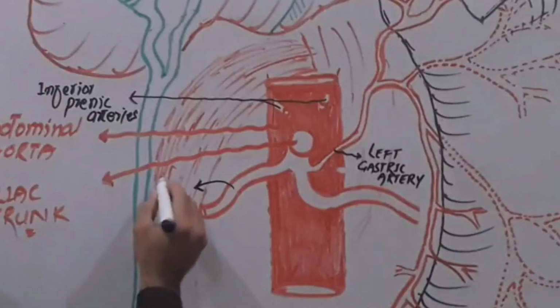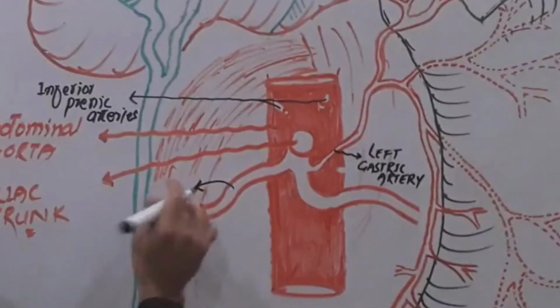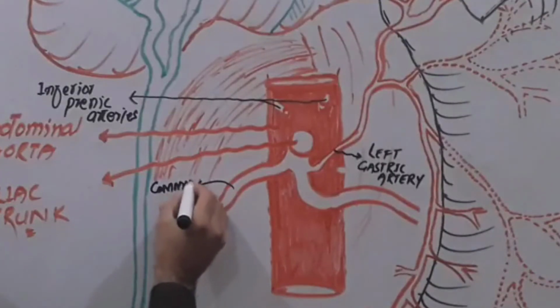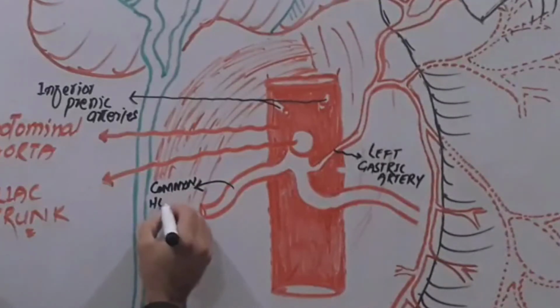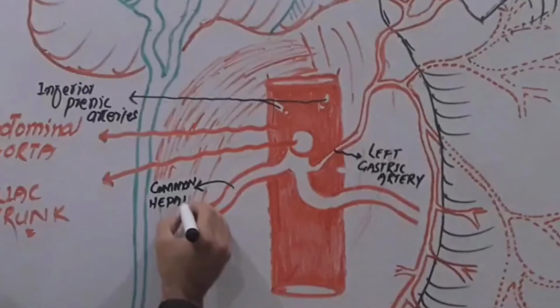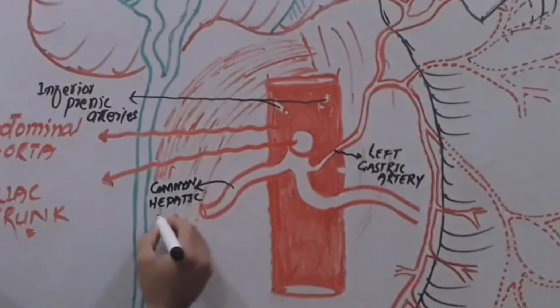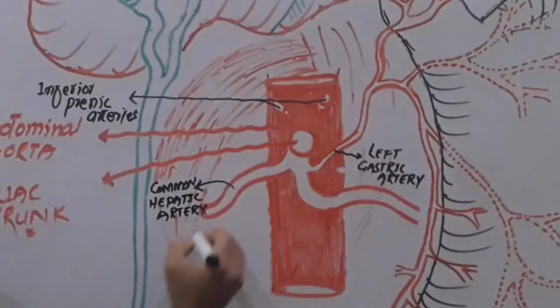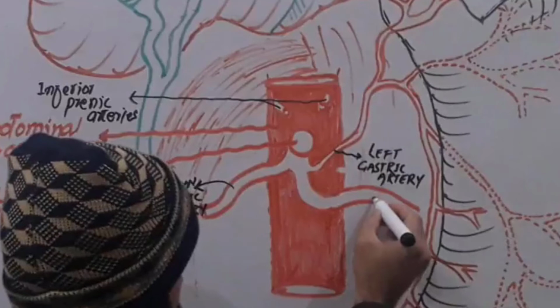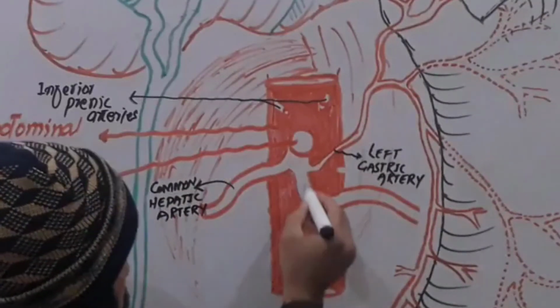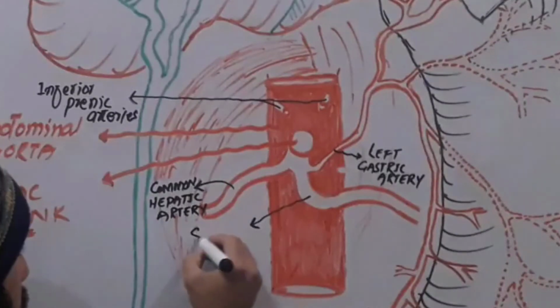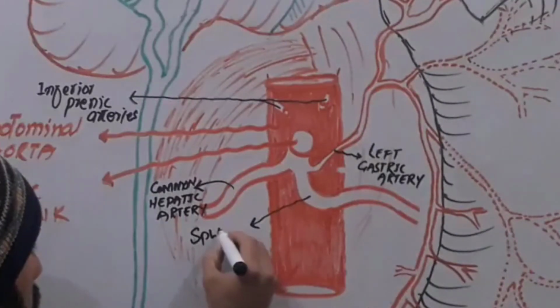This is called the common hepatic artery, right? This is our common hepatic artery, and we will see its branches in big detail in our next lecture. And then this is our next artery which arises from this big trunk. This is called the splenic artery, right?